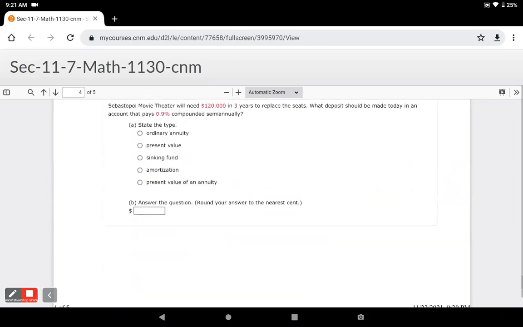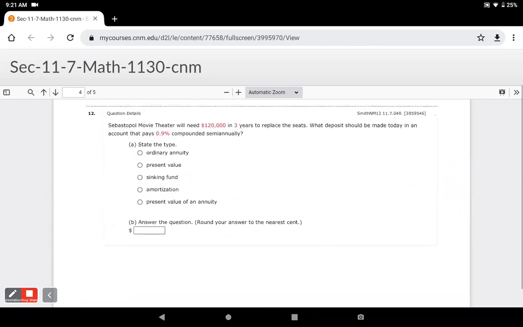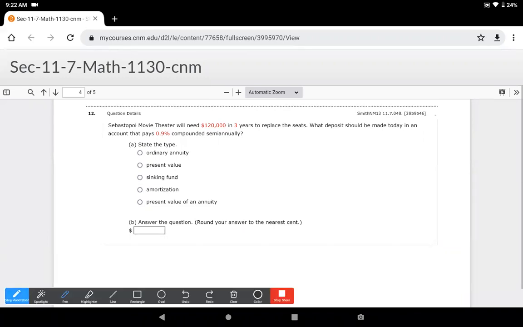let's go to 12, right? You can even see on the pages, we're on page 4 of 5, so we're almost there. On number 12, let's see what we have. Sebastopol movie theater will need in the future, right? So that's going to be an A value that they're giving us, a future amount.